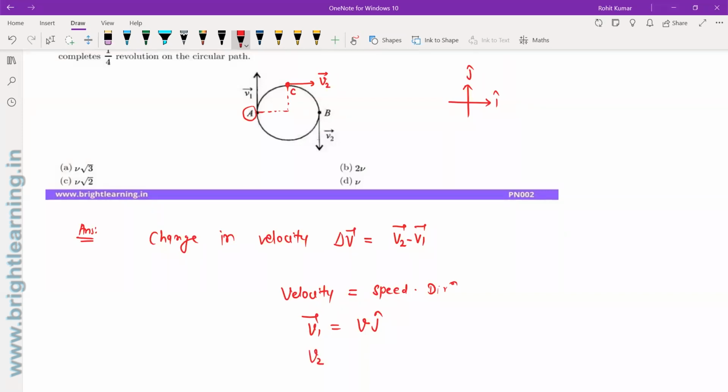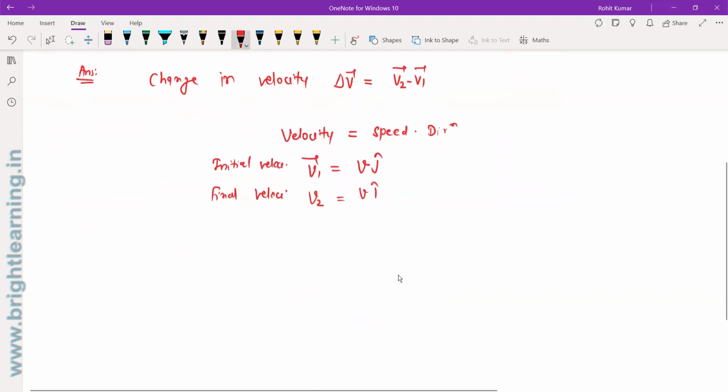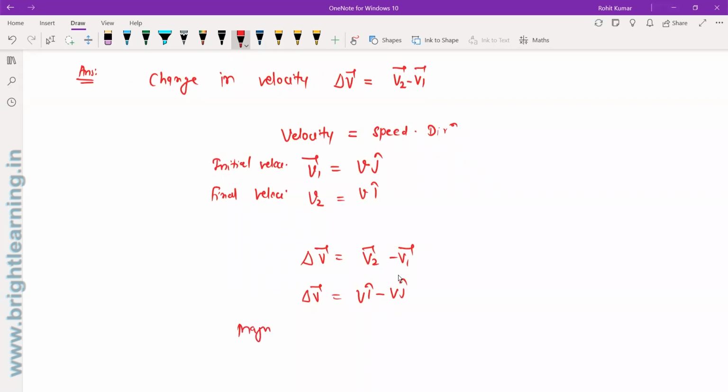This is the initial velocity, and the final velocity v2 will become v i cap. Now to find the change in velocity, I will just subtract v1 from v2 and I will get v i cap minus v j cap. Now we need to find the magnitude of this vector, the magnitude of change in velocity.